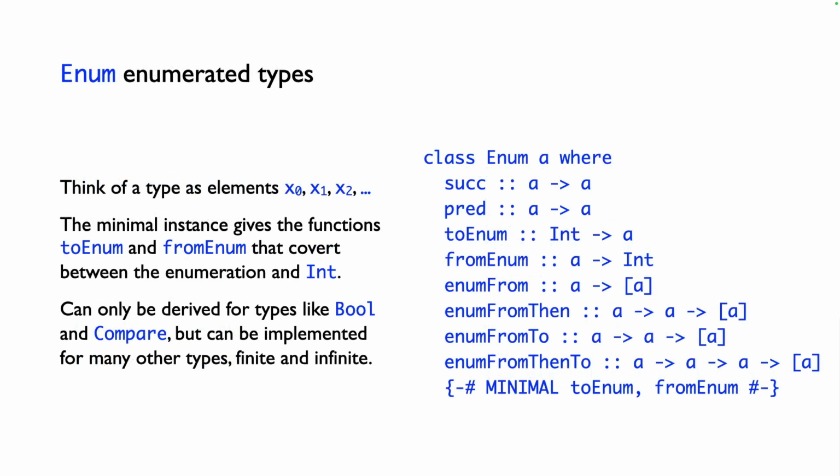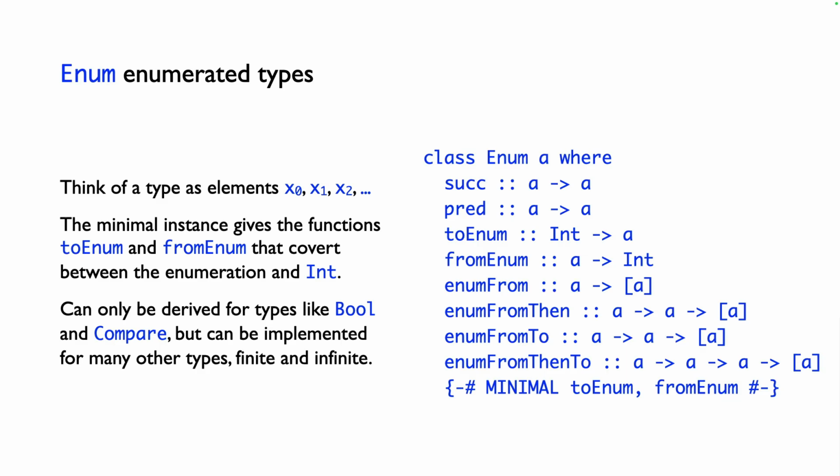We also have types which we can think of as coming from an enumeration. We can lay them out one at a time, x0, x1, x2, and so on and so forth, like the positive integers. And you can imagine that every number has a successor, every number has a predecessor, or maybe not every number.